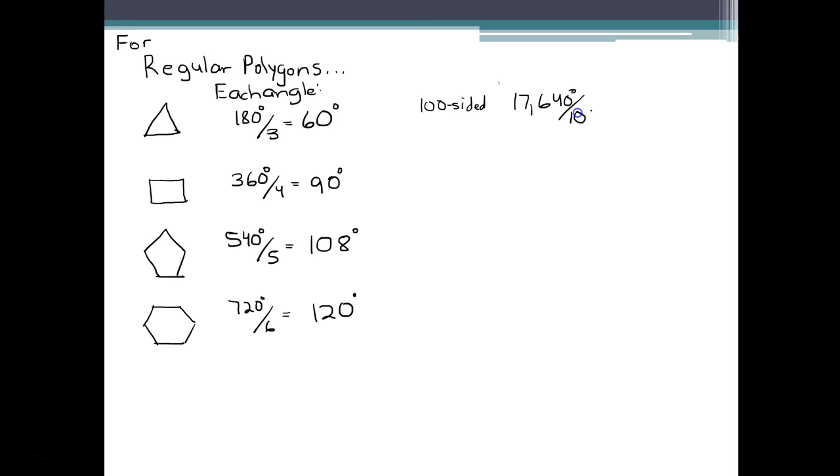Divide that by 100 angles, and you get 176.4 degrees for each angle. So that is definitely a bigger angle than the one for the hexagon.